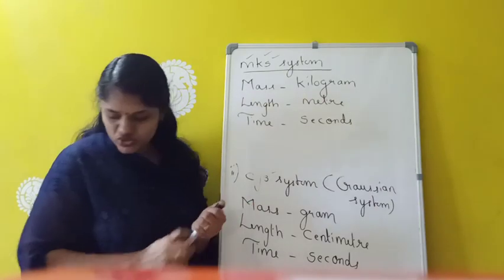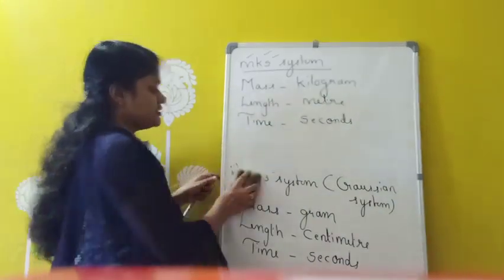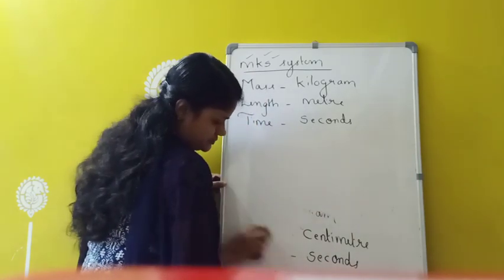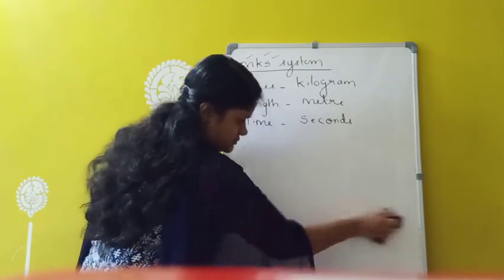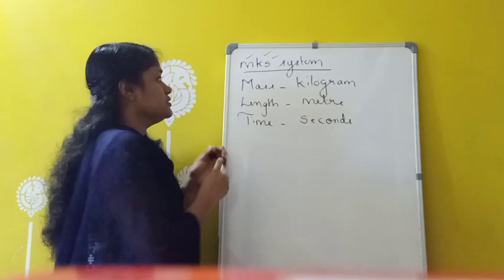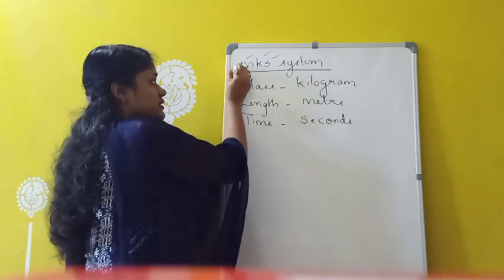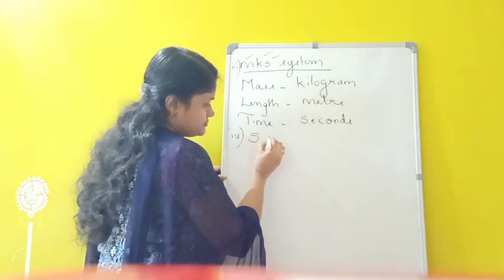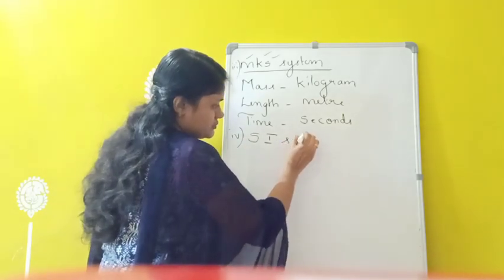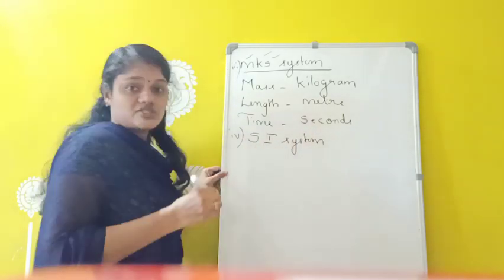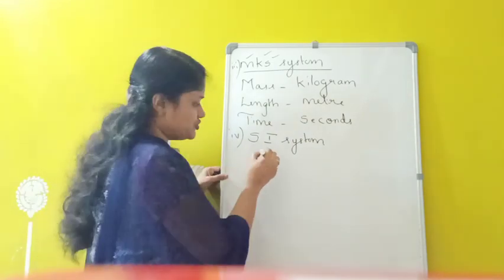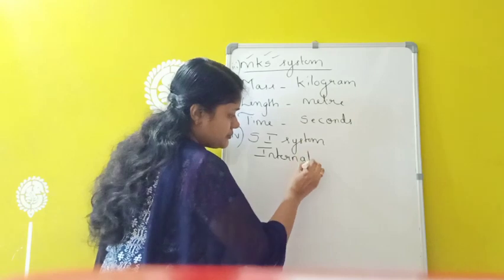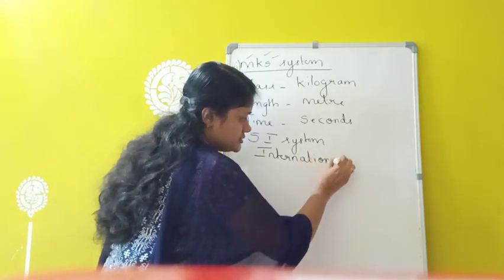Then the last, fourth one is SI system. So MKS is third one and fourth one SI system. SI system is known as International System of Units.